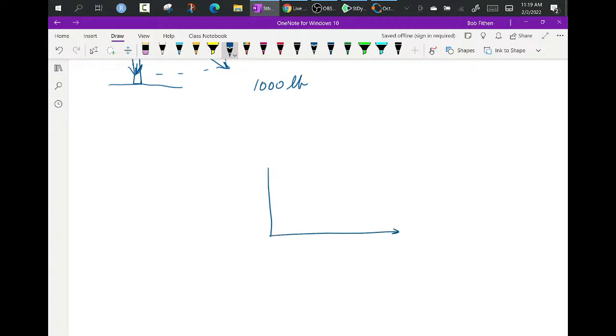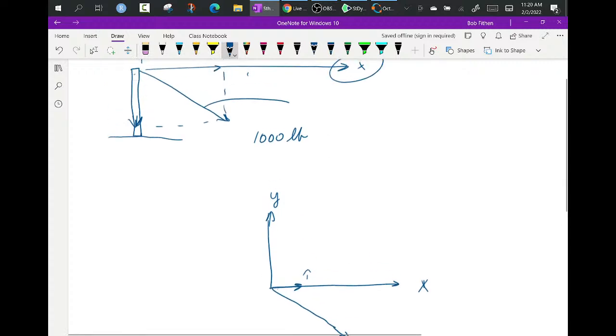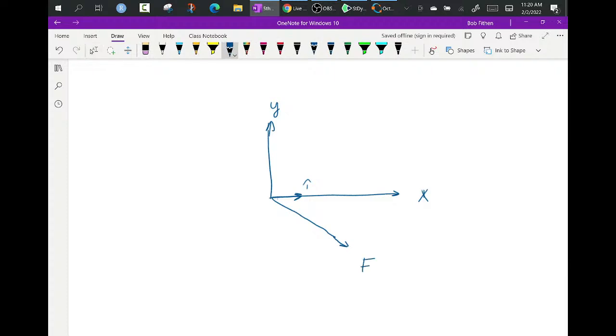So here's your X, here's your Y, and here's your I, and then I get this other force that I didn't come up with a name for, so I'll just call it F. That force just happens to be 1,000 over square root of 2 going to the right, 1,000 over square root of 2 J going down.